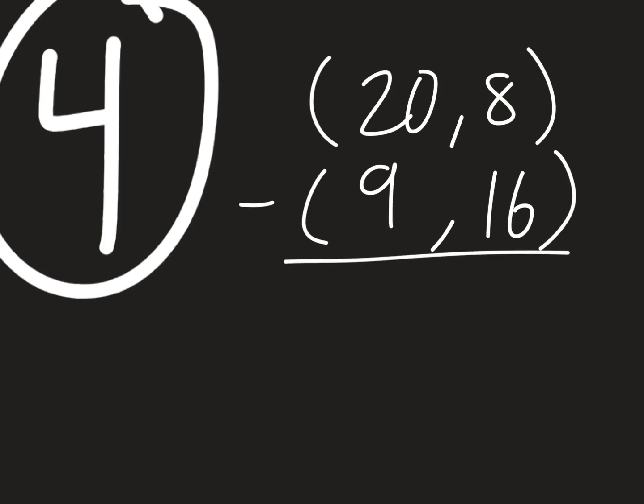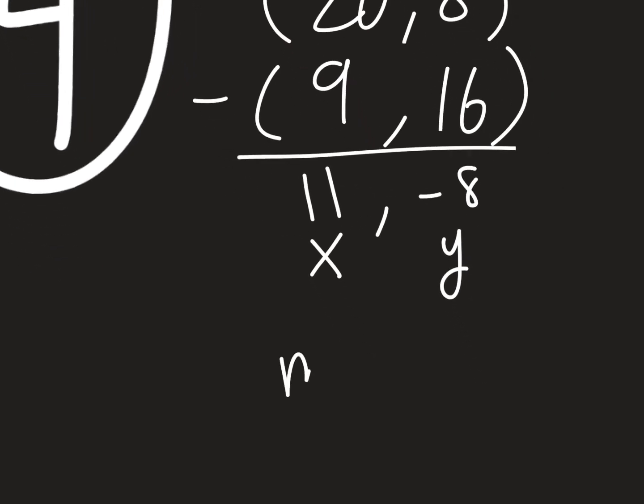That's a negative. Yeah, good. So we have 20 minus 9, which is what value? 11. Oh, that's what I did wrong. And we have 8 minus 16. 8 minus negative 8. Okay, and once again, we just stack them and we're done. Negative 8 over 11.